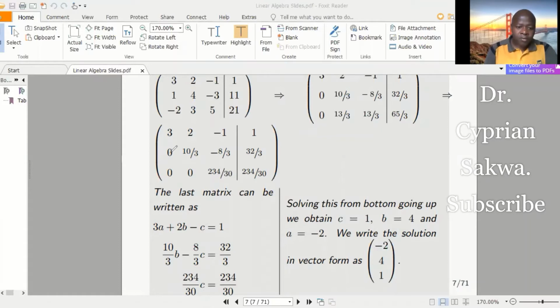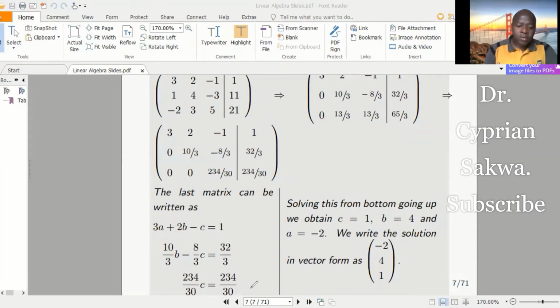This was the position of A. So what we have here is 10 over 3B minus 8 over 3C equals 2 over 3, and finally, what I have here is 234 over 30 C equals 234 over 30.